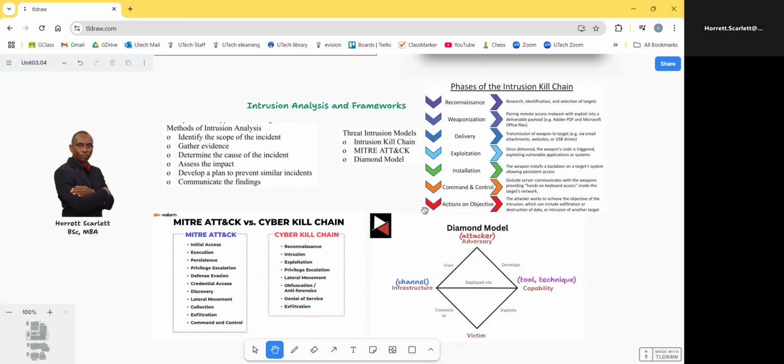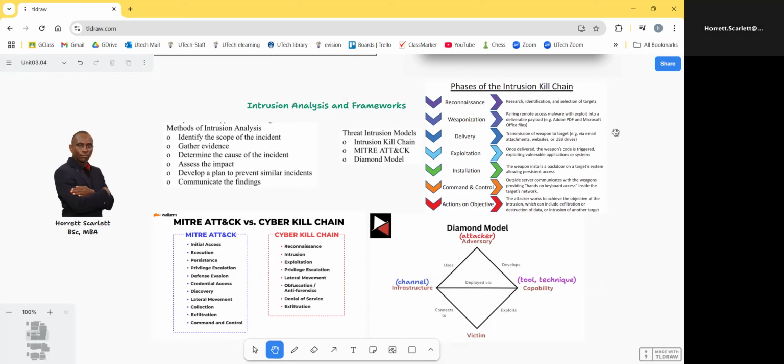And by understanding it from their perspective, we're better able to safeguard ourselves against these attacks. So there's reconnaissance, where they identify their target and they do some research on the target. So they are not coming into the organization blind. They are doing their due diligence. They are doing their research.